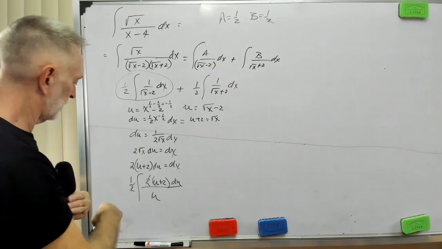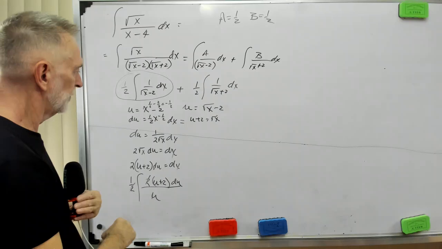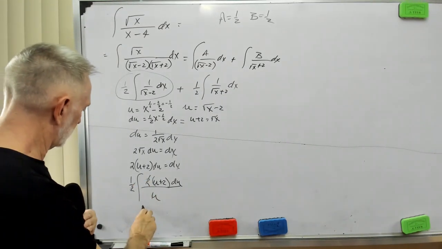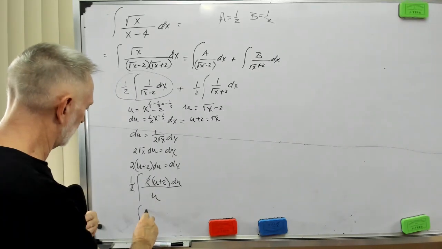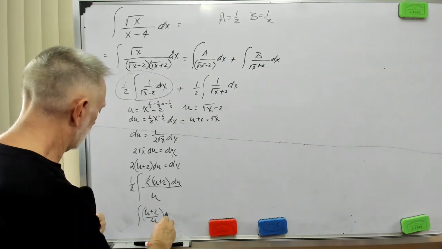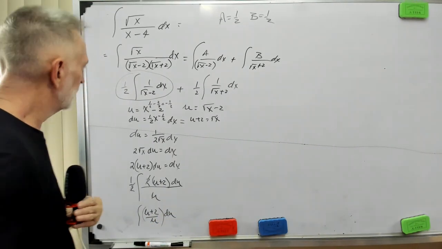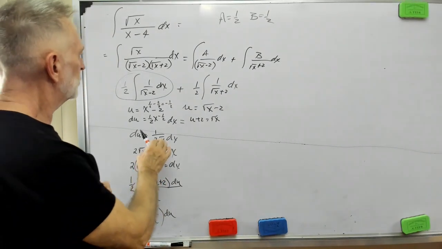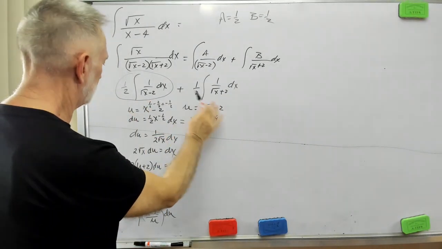Now I'll just go ahead and cancel out the 2. So what would this give me? For now let's leave it one integral: u plus 2 over u du. Okay, let's stop there.